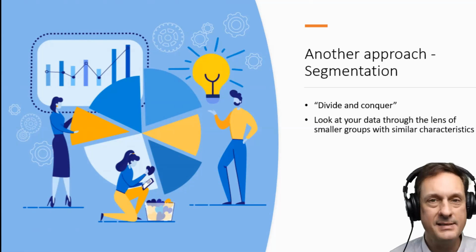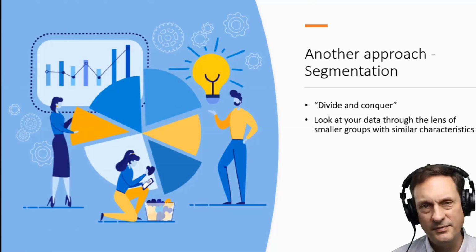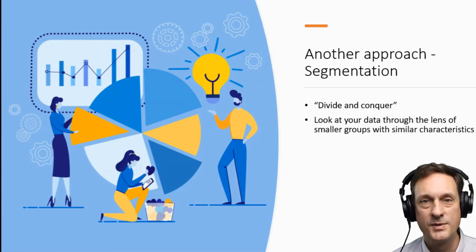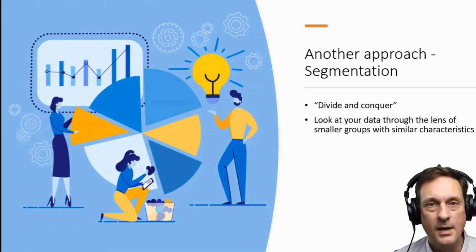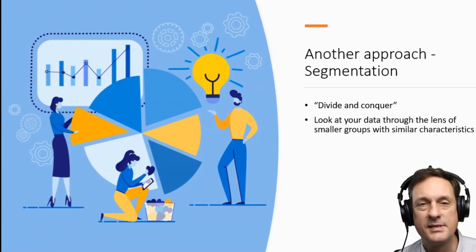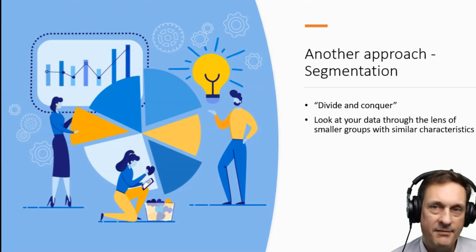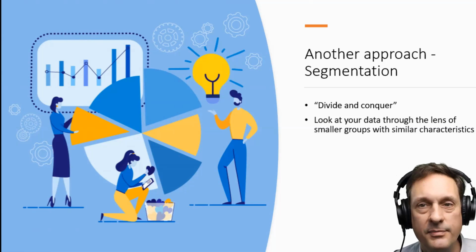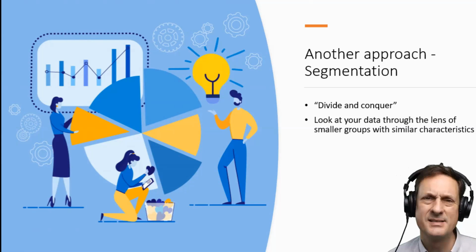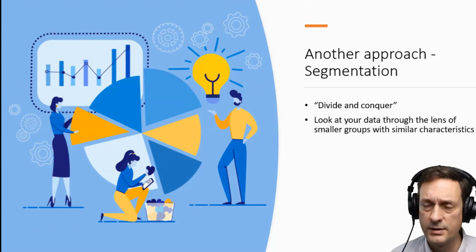Because a lot of times when you divide up your data, you'll find that most of the segments perform the same. Men and women typically convert at the same rates. It's really not that big of a difference. Maybe you get some difference between very young people and very old people, but in the age range of 25 to 55, people convert at largely the same rates across many different categories.